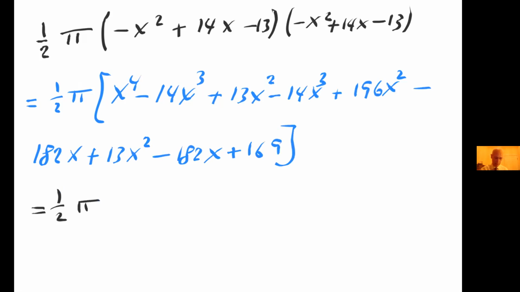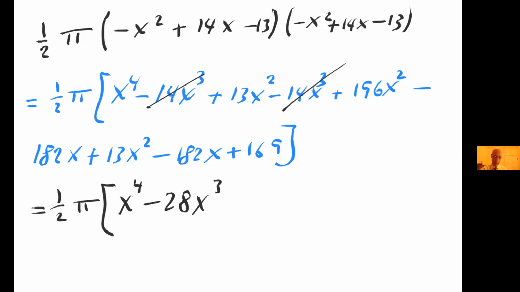So this equals 1/2 of pi. So I have x to the power of 4. Cubic, I have this, and that gives me, actually, sorry about that. I have this and this one. So negative 14 and negative 14 gives negative 28x cubed.